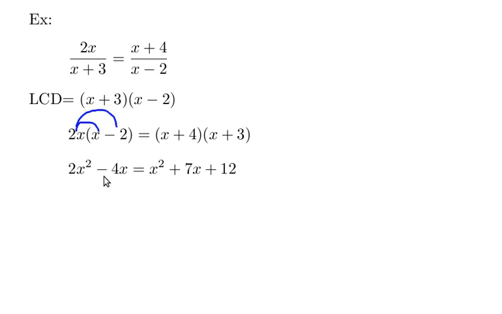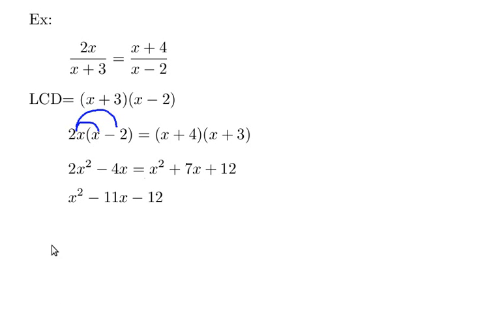And then we can subtract everything from here over here. So we will have x squared, because 2x squared minus x squared will give us just x squared, and then minus 4x minus 7x will give us minus 11x, and then minus 12.